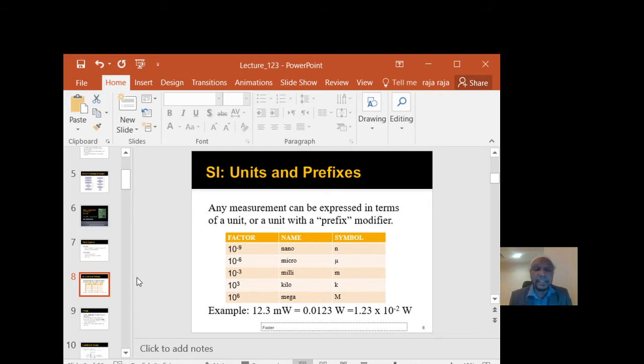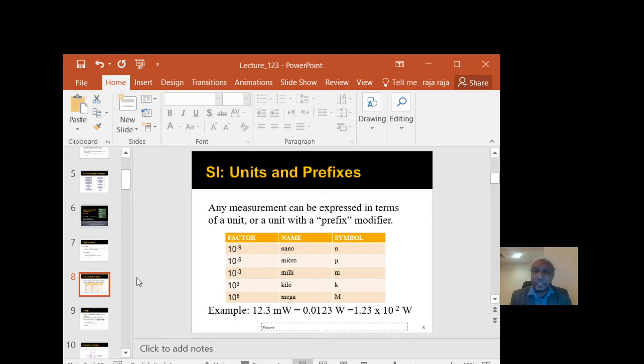The symbol is n, the first letter of nano. The second one is micro. Micro we also hear nowadays in microgrid, micro technology and all those things. So what is micro? It is 10 power minus 6, and the symbol is mu. The next one is milli. This one we already know, very familiar: millimeter.